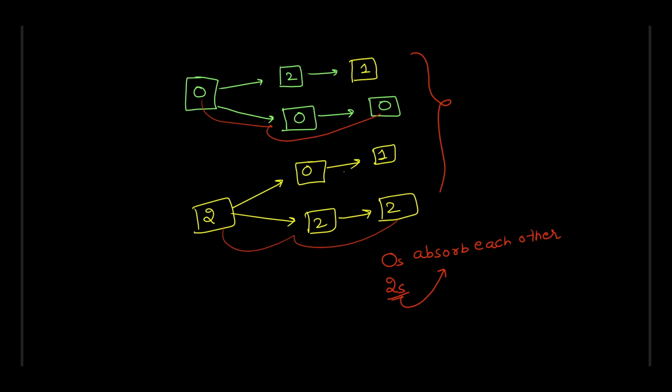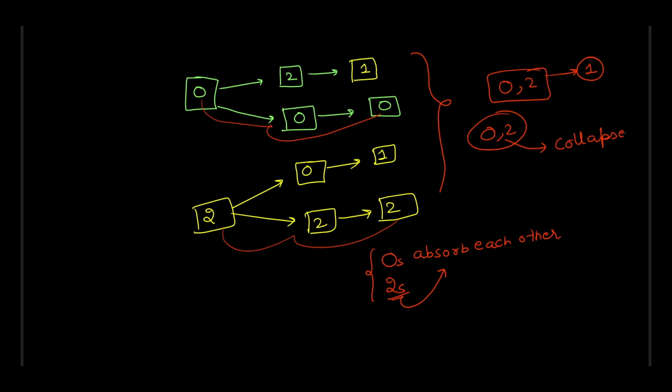Now the next sharp observation is that when you have a 0 and 2, they produce a 1, but we know that 1 is an identity element. So this means that 0 and 2 collapse and vanish because they produce an identity element, and that doesn't change the answer because you want to produce 2 at the end.